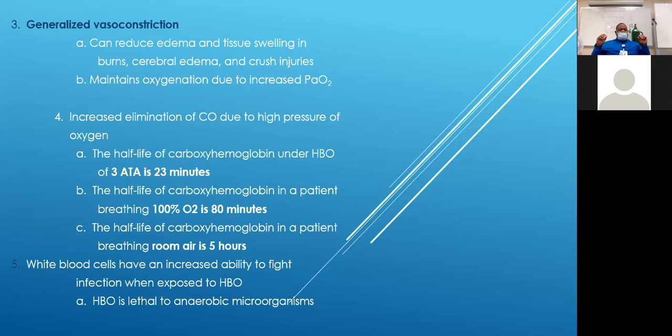So the half-life of carboxyhemoglobin under hyperbaric oxygen at 3 atmospheres is 23 minutes. So if I have a patient, a firefighter, or a family member who is suffering from carbon monoxide poisoning, I can throw them in a hyperbaric chamber and the hemoglobin will shake off the carbon monoxide in 23 minutes.